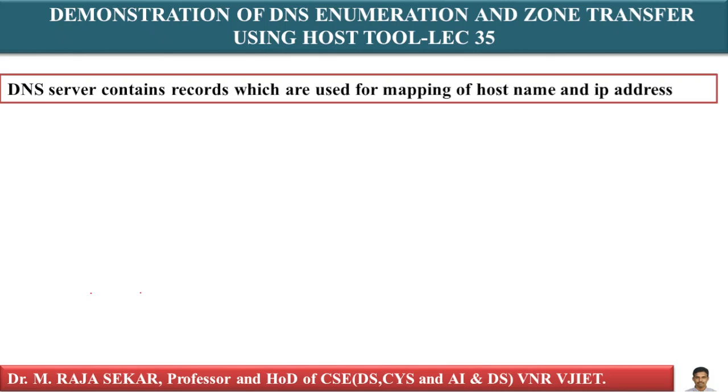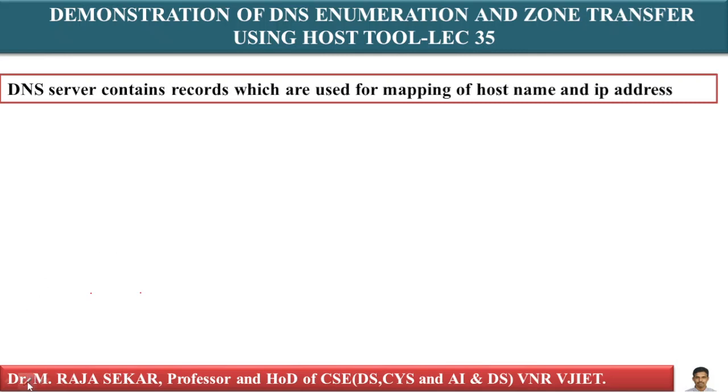If the DNS server is not configured properly, then we can mount an attack as well, to delete the DNS records or to replace some DNS records. The system which is used for DNS server generally uses port number 53.